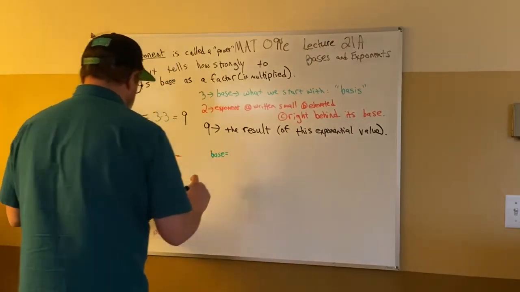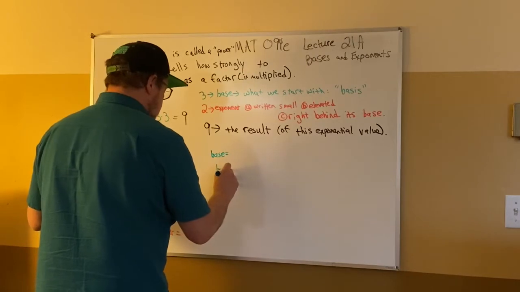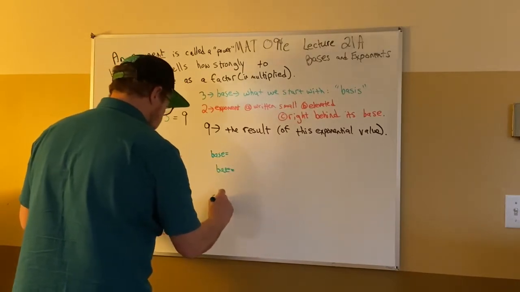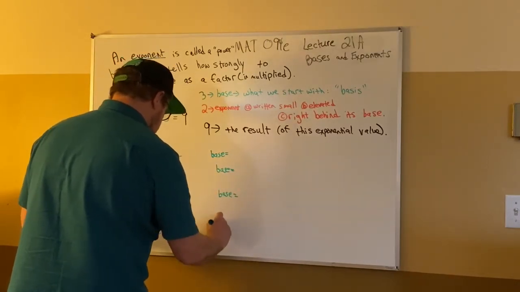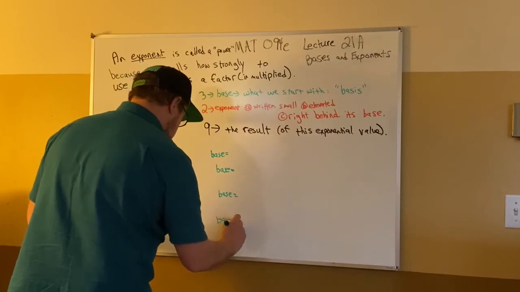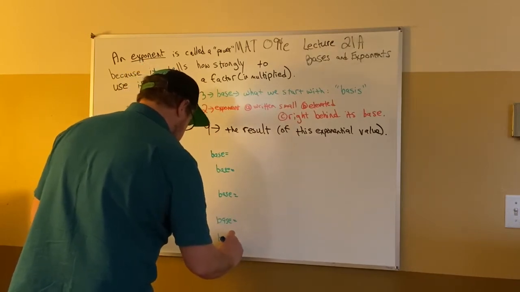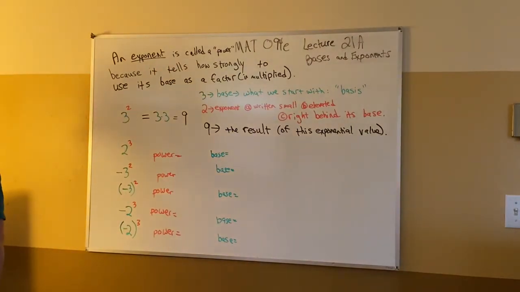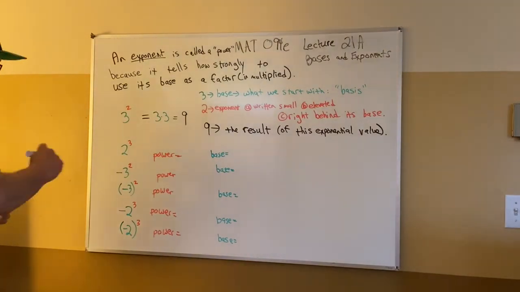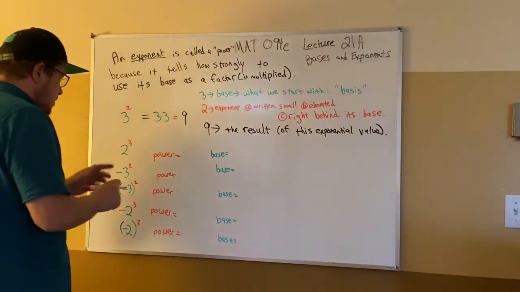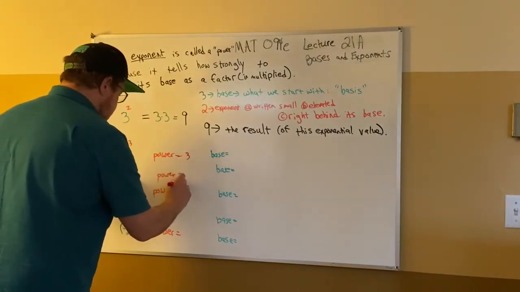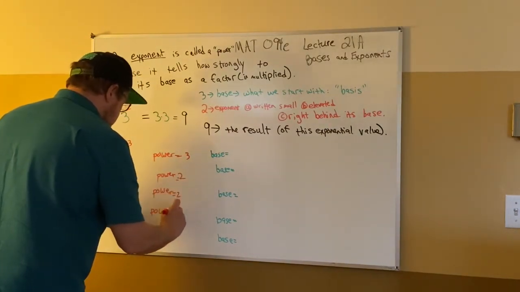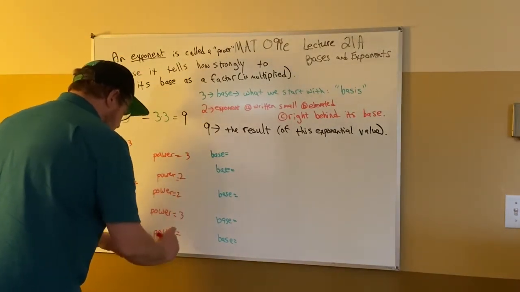No, I'm trying to make you aware. Now, I'm going to ask for what the base is by asking it in the long form of what is immediately in front of the power. But let's run down the powers. That power is 3, that power is 2, that power is 2, that power is 3, that power is 3.